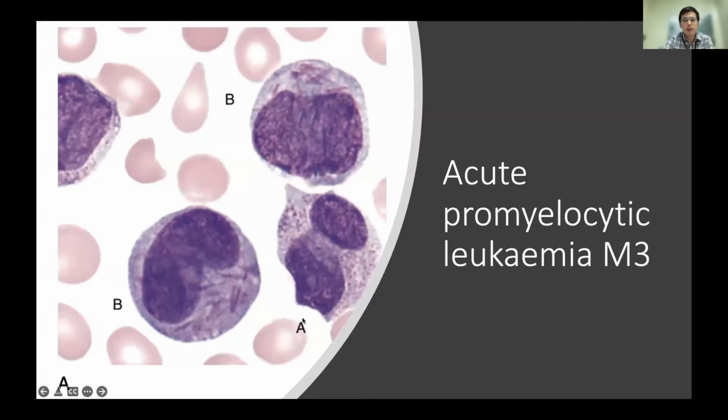The cells labeled as A are also abnormal promyelocytes with a bilobed nucleus, and you can see the cytoplasm is very granular. The interesting thing in APML is that the faggot cell is almost pathognomonic; you can almost diagnose APML just from morphology if you see the faggot cell.